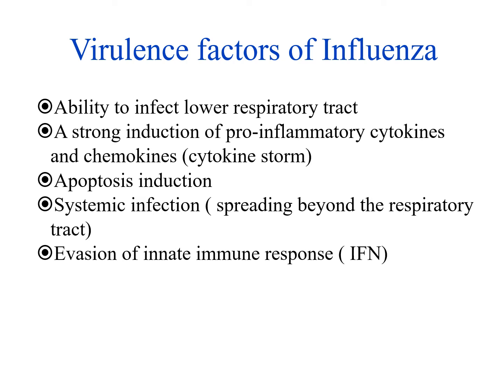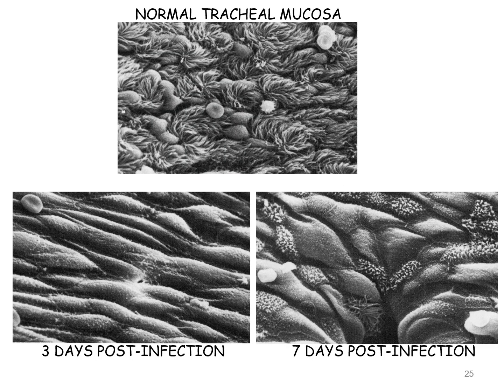It leads to apoptosis and death of the infected cells, especially the ciliated cells, and it might even spread systemically, very rarely, beyond the respiratory tract, and it can evade the innate immune system and evade the interferon.